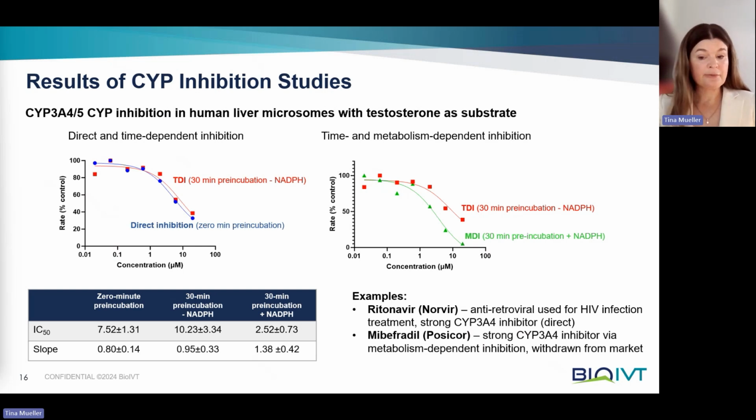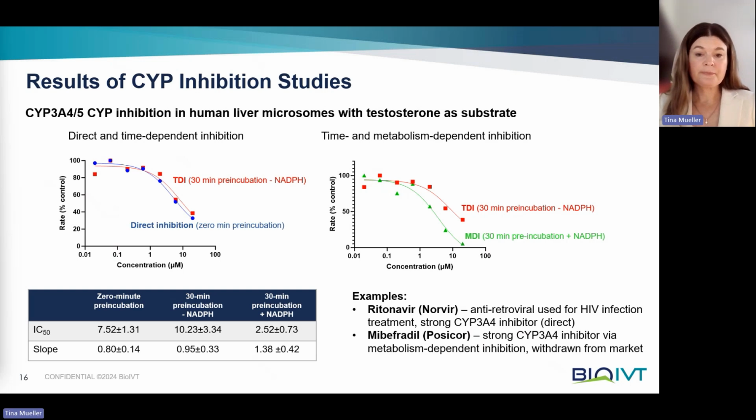Now on the left graph, the blue line represents 0 minute pre-incubation, so showing the results for direct inhibition. And in red is the 30-minute pre-incubation in the absence of NADPH, so time-dependent inhibition. As you can see, there's barely any change, and both curves show modest inhibition with an IC50 of around 7 and 10 micromolar, respectively.